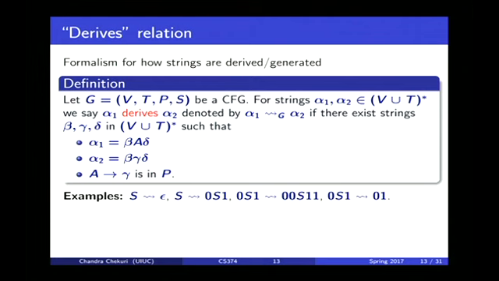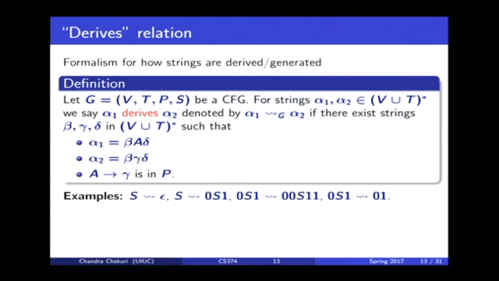So 0S1 is a string of both terminals and non-terminals, and the definition says that this derives this because I replaced S with 0S1, and that is allowed because it's a rule in my grammar. When we have to do formal proofs, we need to know precisely what we are talking about. We can't just hand wave. So this is why we need that. Make sense?